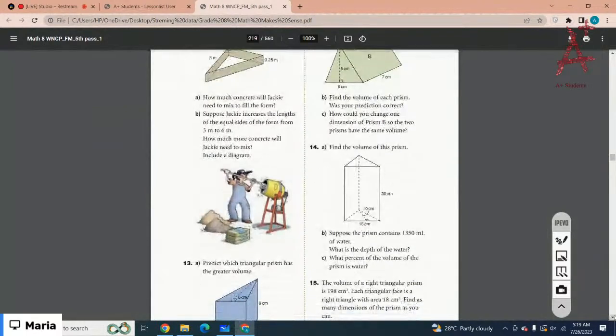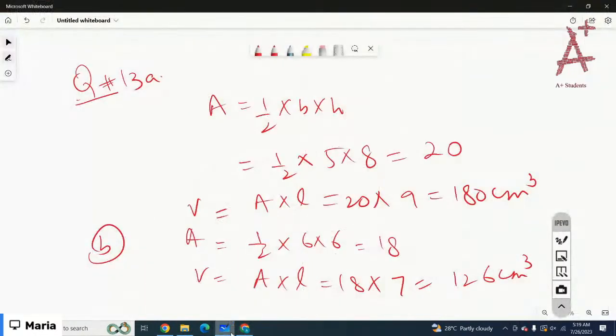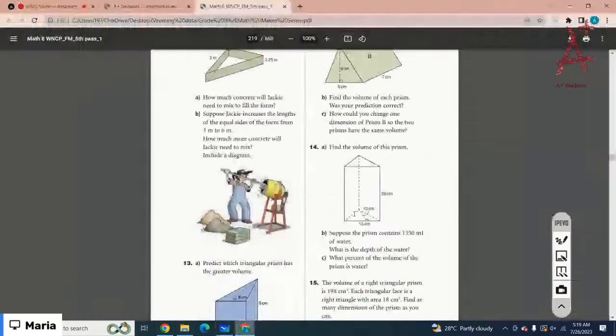So A has the greater volume. Got it? Because we calculated the volume of both the shapes. So you can see A has the greater volume, that is 180. B has the volume 126. Okay. Find the volume of each prism, was your prediction right? Okay, we did. How would you change one dimension of prism B so that the two prisms have the same volume?